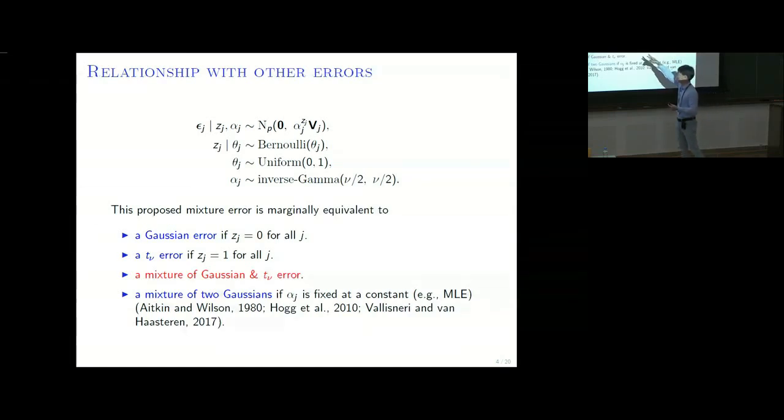And also this proposed error reduces to the mixture of Gaussian and T error. And finally, this mixture error reduces to a mixture of two Gaussian errors with different variances if this auxiliary variable alpha_j is fixed at a constant, or maximum likelihood estimate.